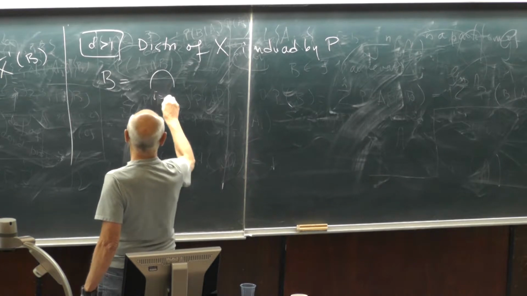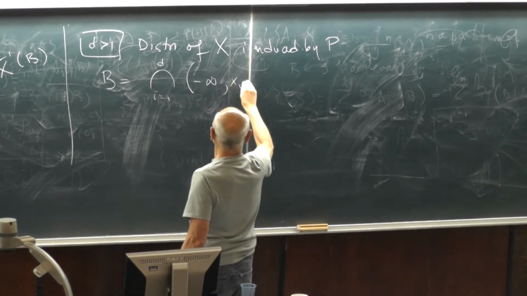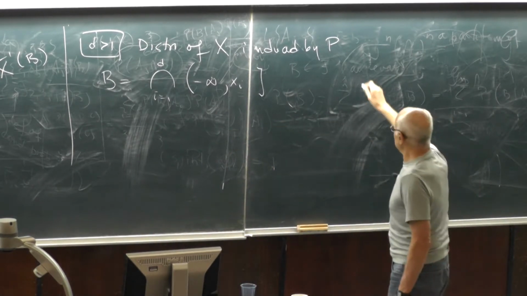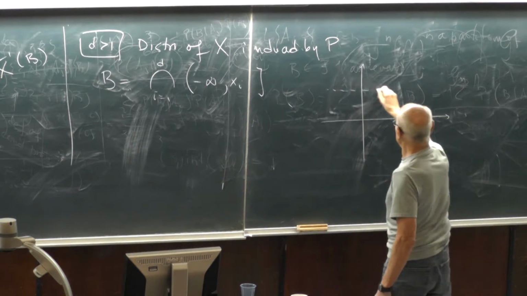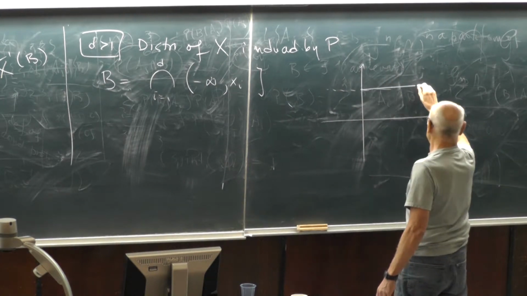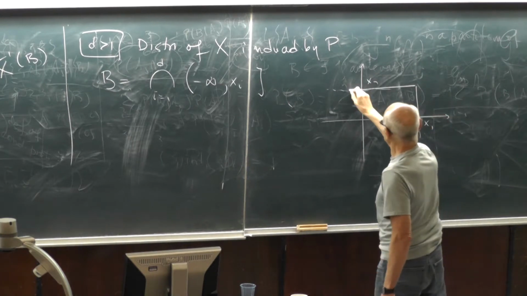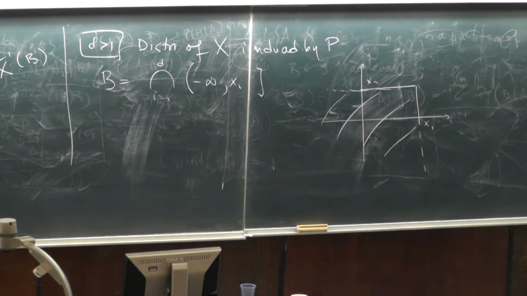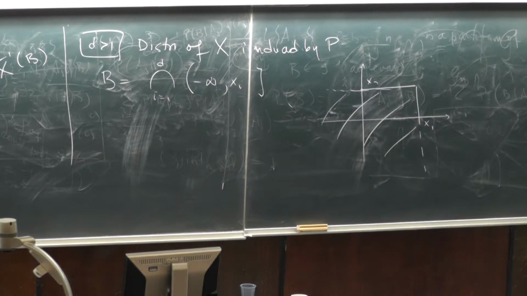That is, it's the product over i from 1 to d of minus infinity to x_i. If you want a picture, this is the rectangle I'm talking about, with x1, x2. In 2 dimensions, that would be the rectangle. Everybody can see that? Yeah?